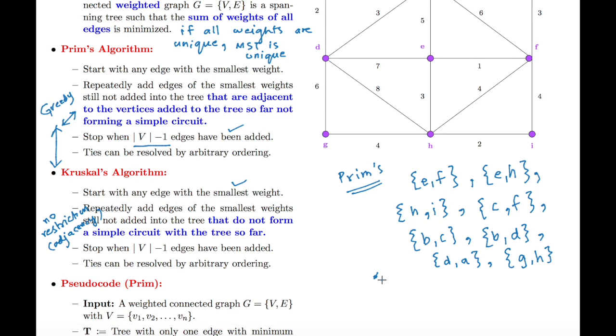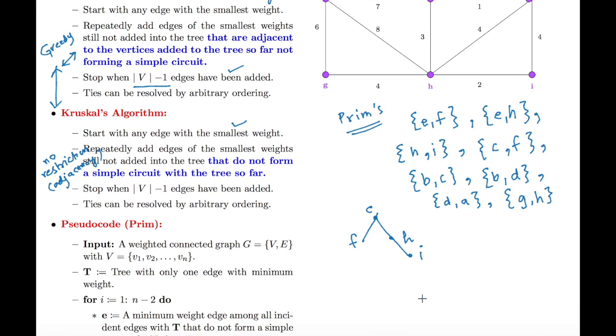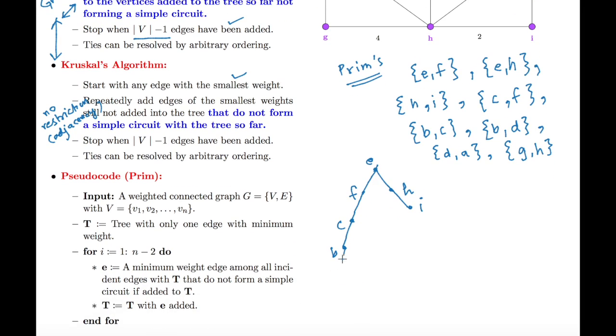So we have E, let's say E is the root. So E, F, then E, H, then H, I, then C, so this is E, then CF or FC, then BC, so CB, because it's undirected, then BD, and then DA, and then GH.